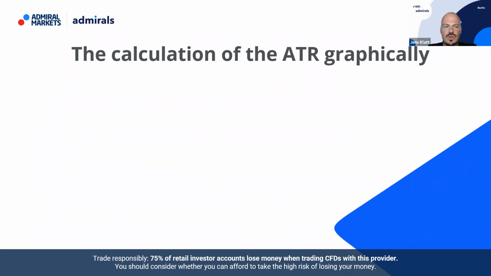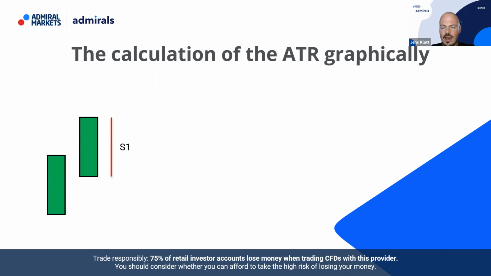So let's now show you what I'm talking about graphically. First of all, we have two candles. In this context, we calculate the difference between the current high and the low of the day. In this case, this is the S1. And here are the next two candles.